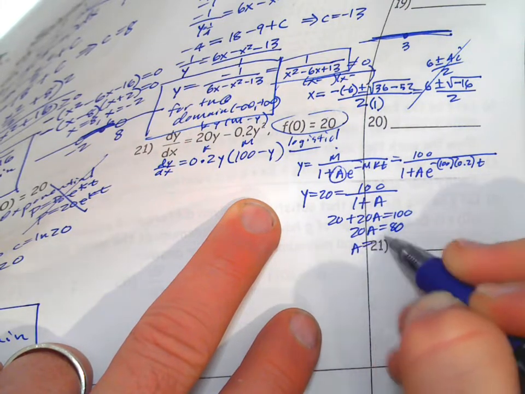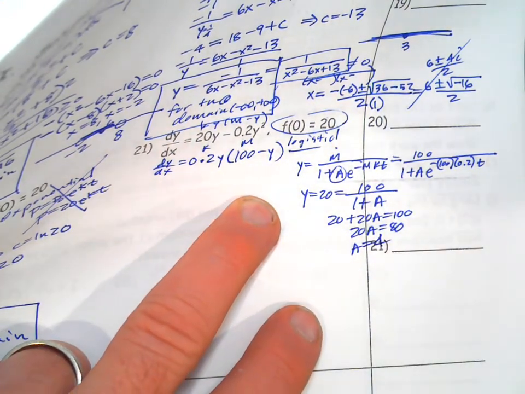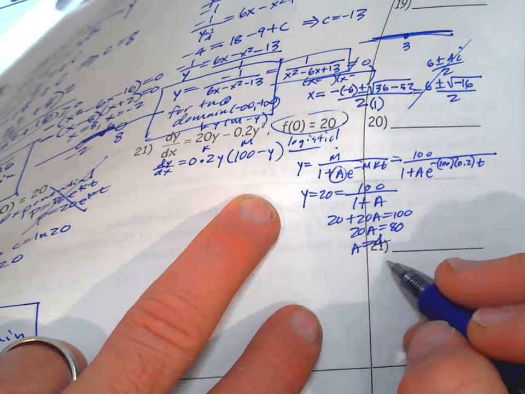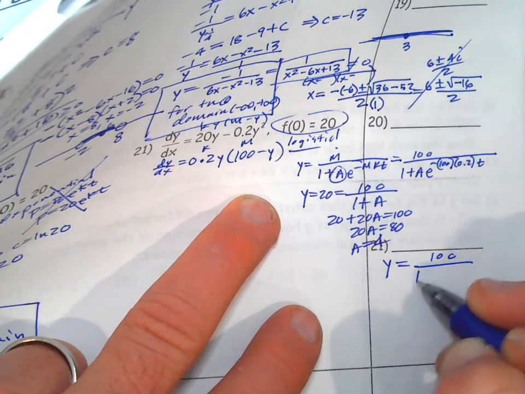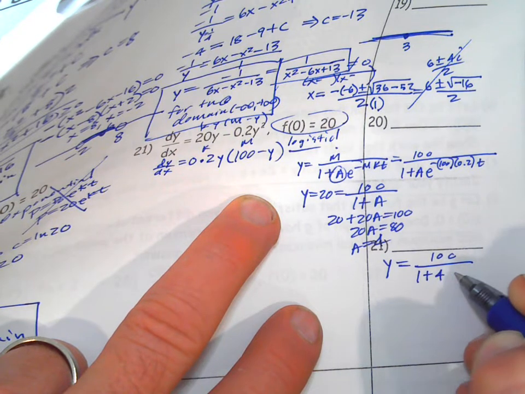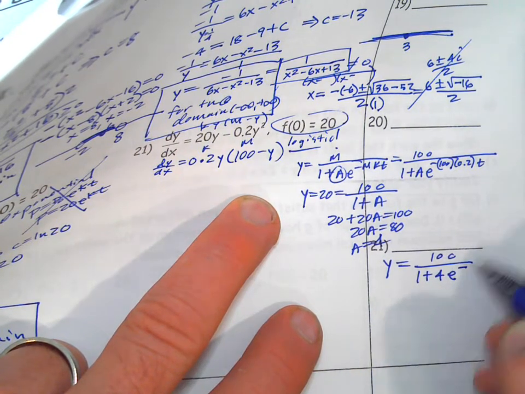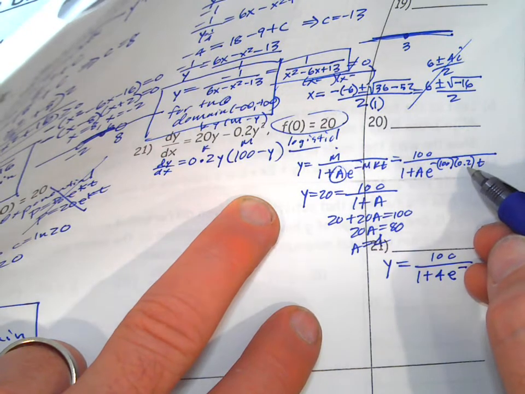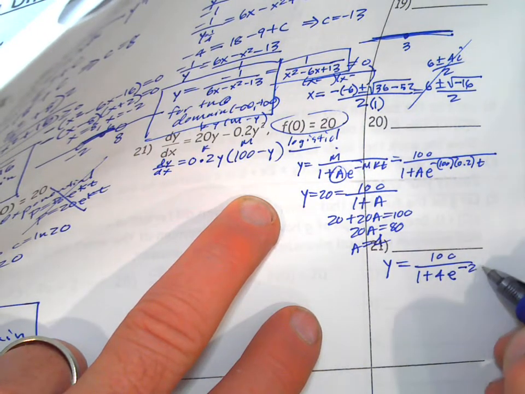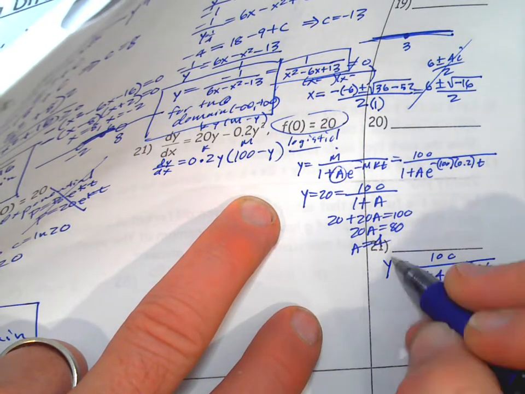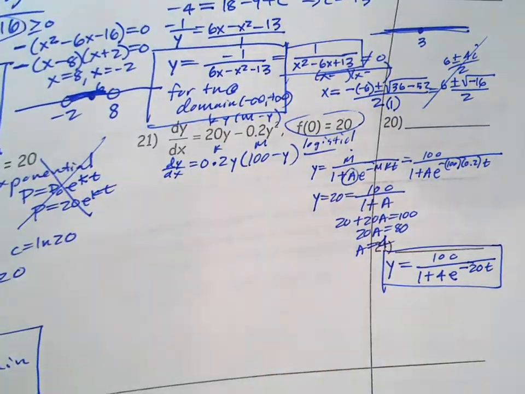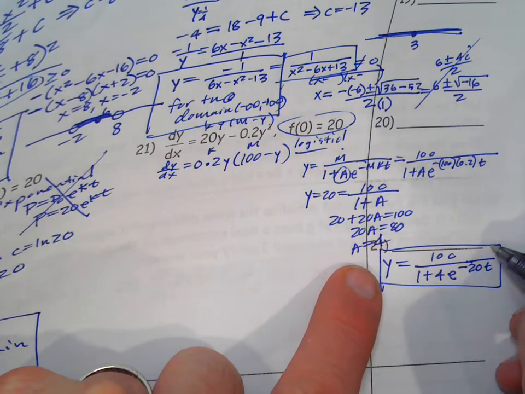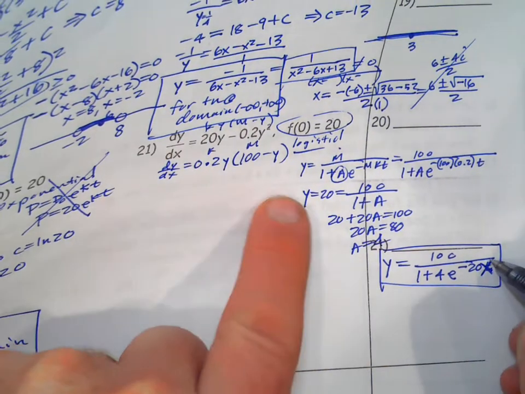A equals 4. So you can write your equation now. The equation should be y equals 100 over 1 plus 4 e to the negative 20t. That's your solution. Okay? And then not t, I guess x, because there's no t's here.